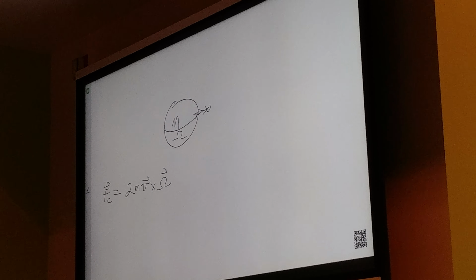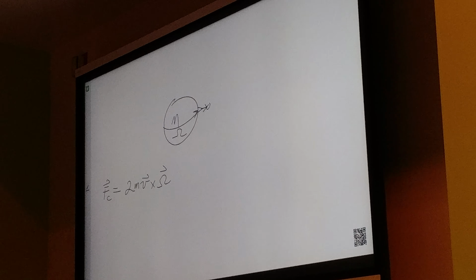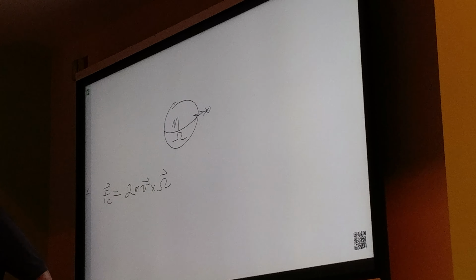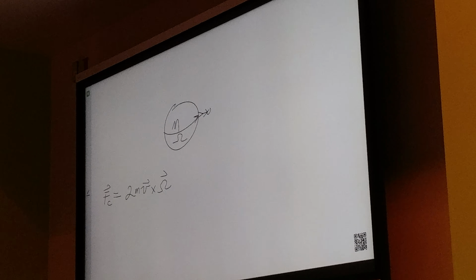All right. So somebody's standing on the equator, and this planet is spinning. We know that if somebody's standing at the equator, because of the centrifugal force, the apparent force of gravity feels a little bit weaker, right? We learned that last week.